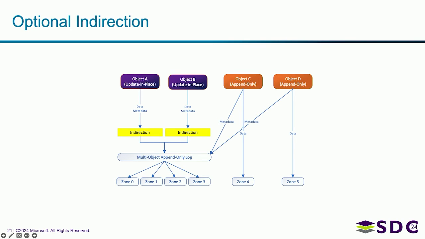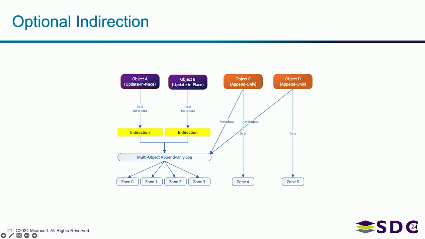I can allow you to update things in place. So our update in place system can create objects, data and metadata flow through that indirection layer and this multi-object append-only log and then out to the ZNS zones. This is basically us effectively moving the indirection layer out of the media and putting it up into our own system.